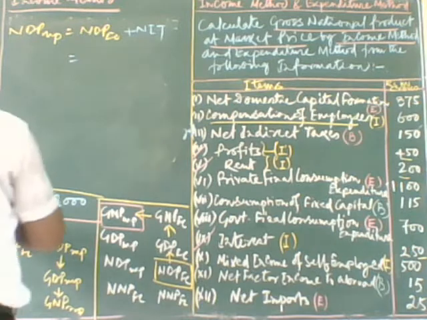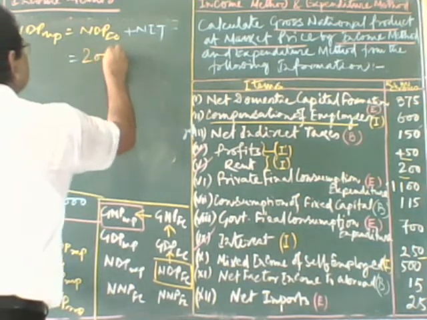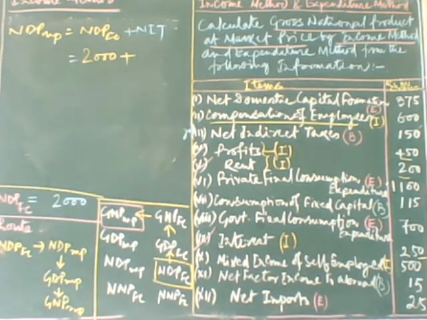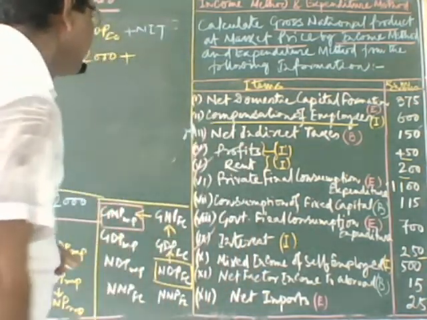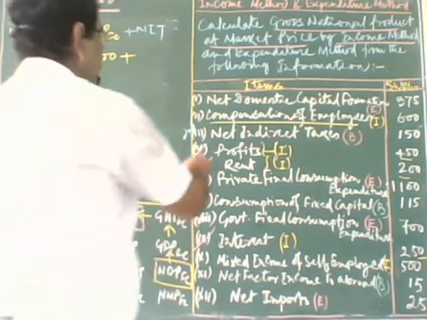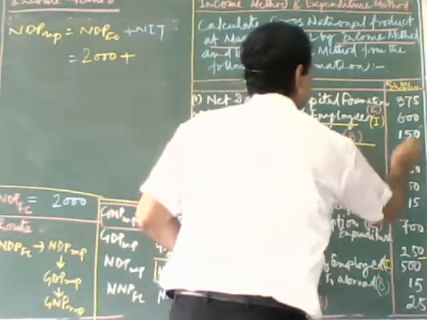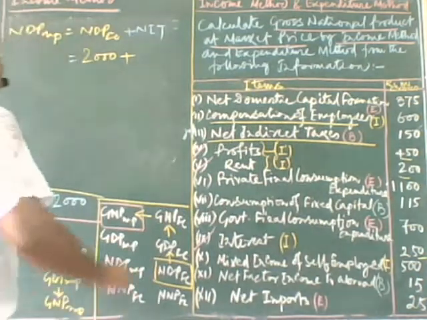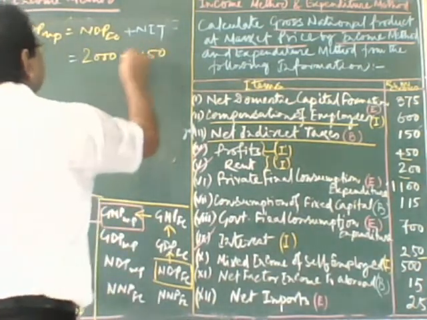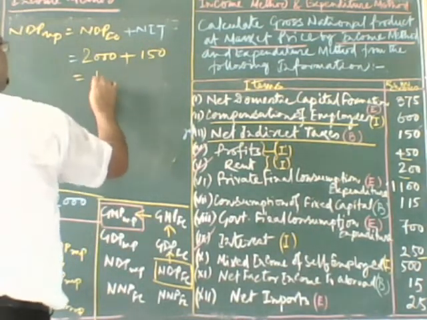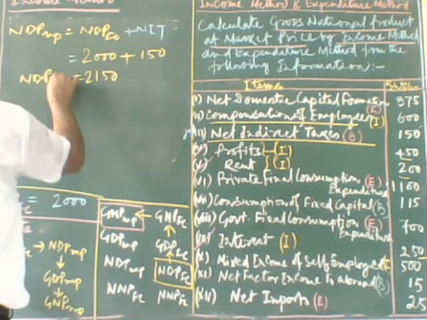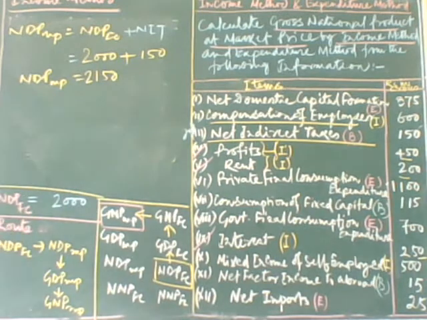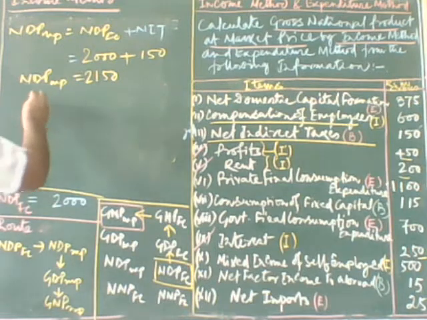You have to put the value 2000. Net indirect tax, that is number 3, 150. You have to put this value 150. That is 2150 NDP market price. From NDP market price, you have to calculate the value of GDP market price.